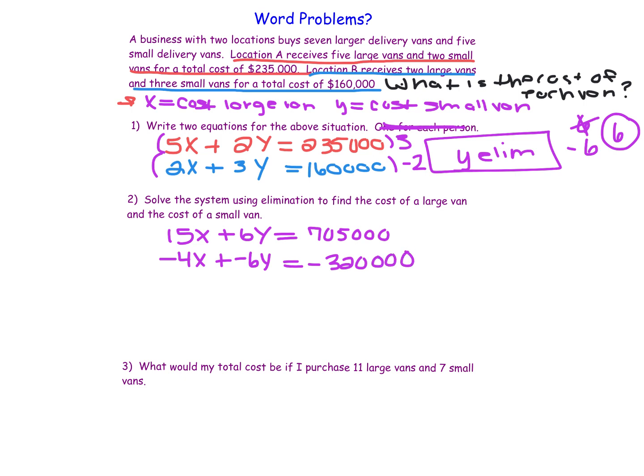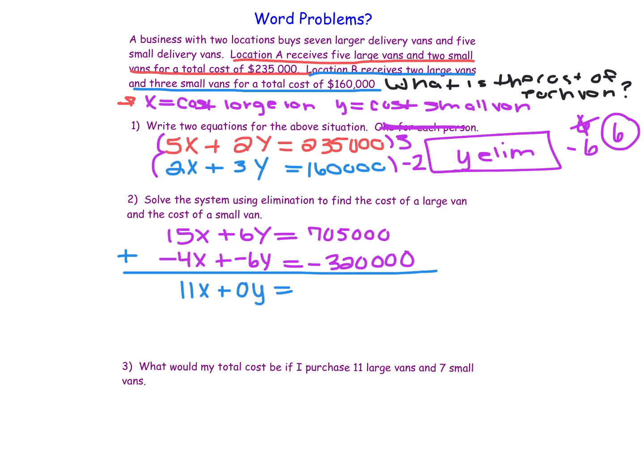Now I'm going to utilize the elimination strategy by adding the two together. So 15x plus negative 4x is 11x, plus 6y plus negative 6y is 0y.